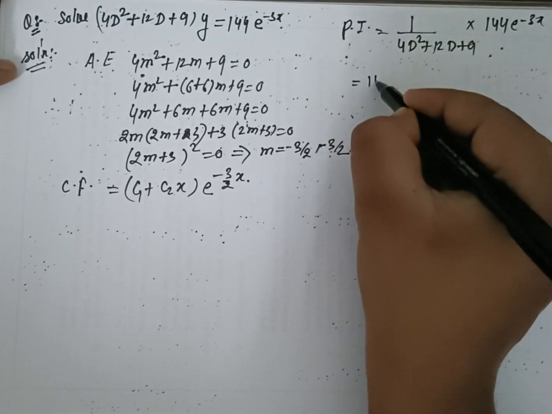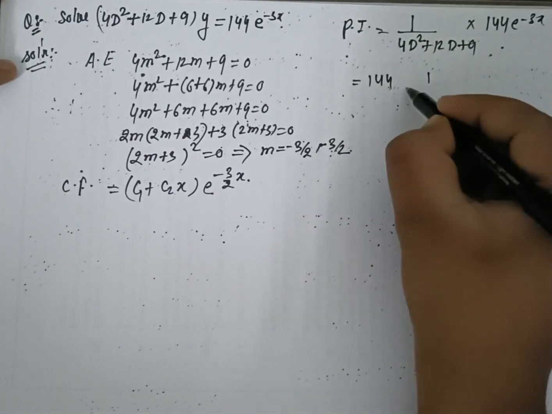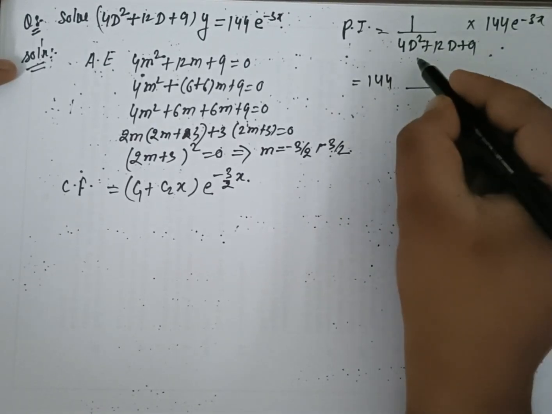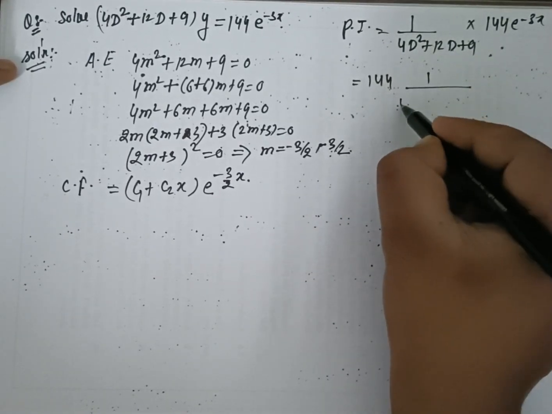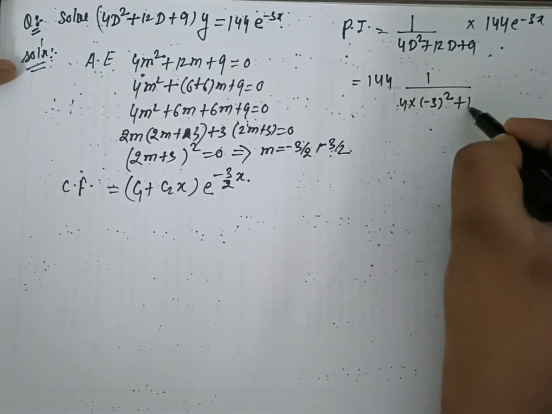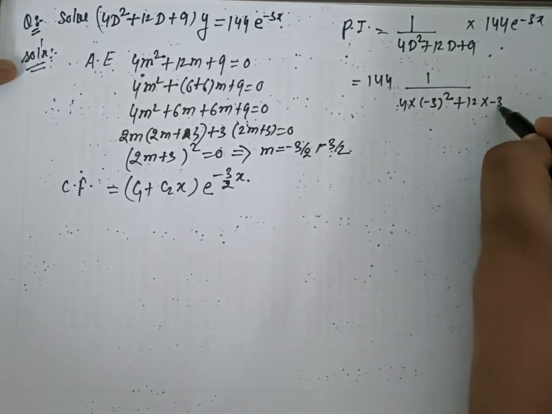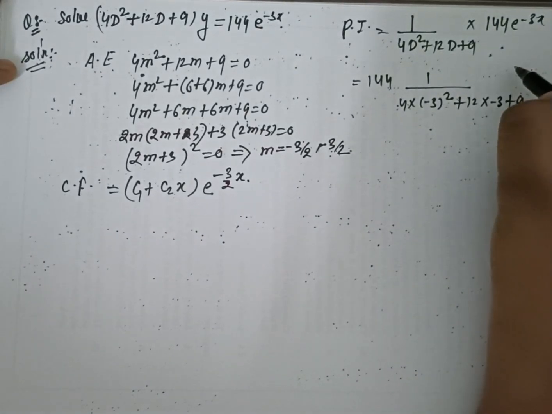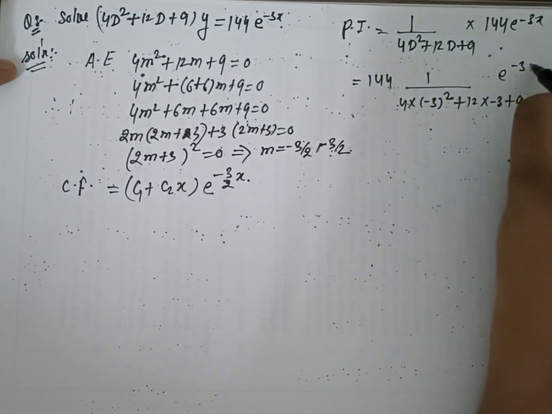You can take 144 as a constant outside. Now substitute −3 in place of D: 4·(−3)² + 12·(−3) + 9, with e^(−3x).